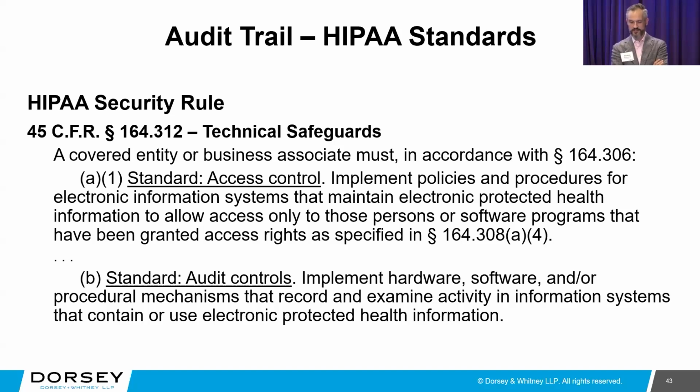All this really says is that providers need to implement hardware, software, and/or procedural mechanisms that record and examine activity in information systems that contain or use electronic PHI. The regulatory advice that I'll convey from Ross is providers should periodically review their systems to make sure that they are compliant and are executing on this. The point I'm emphasizing here is that that's actually all the regs really say about what's required of providers.